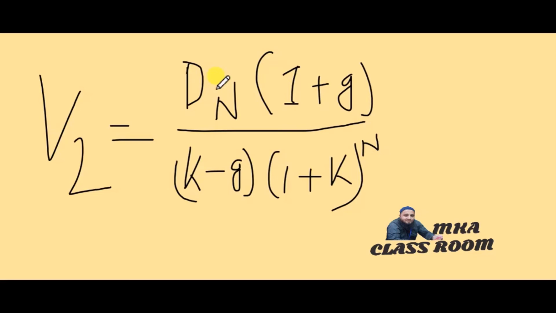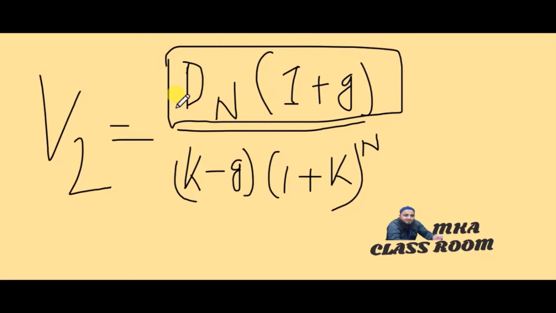Dividend growth follows the constant growth rate model, continuing from 1 to infinity.